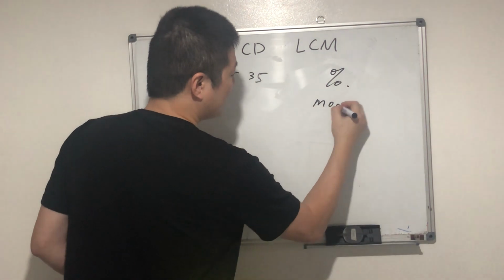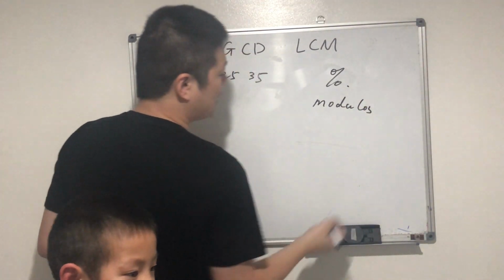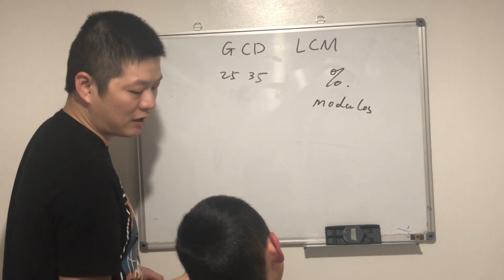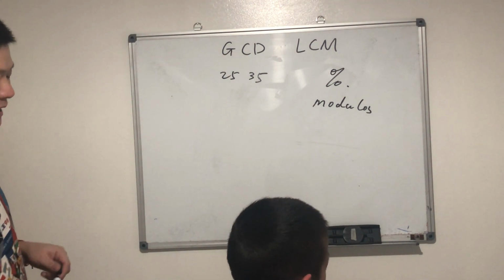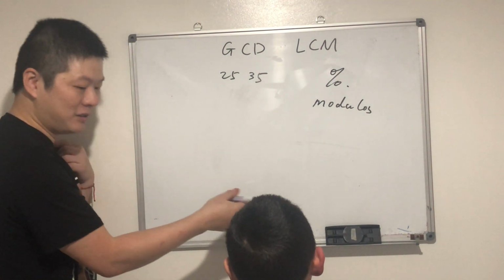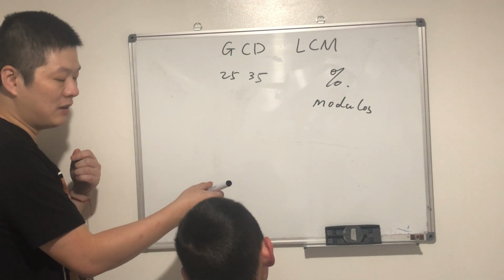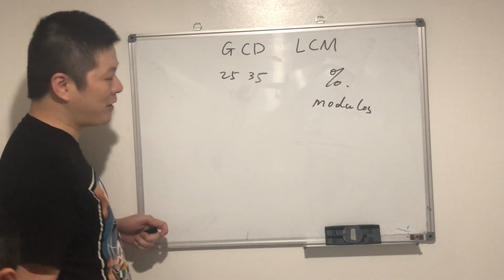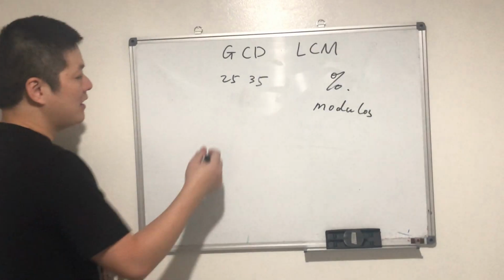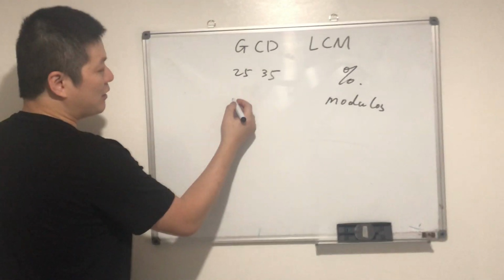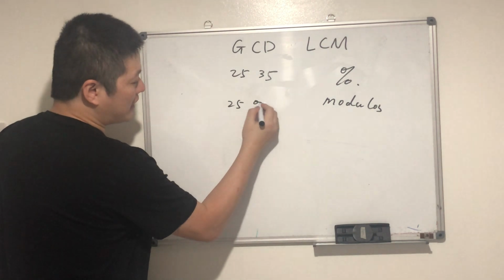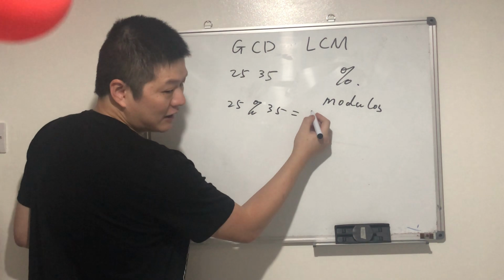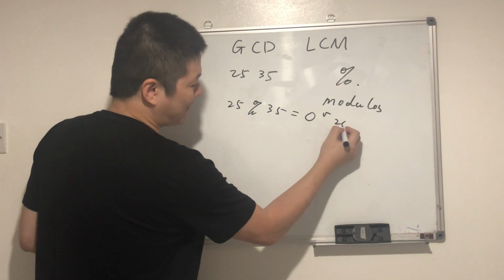Do you know modulus? Take another look. So let's do this. 25 divided by 35 equals what? Equals 0, remainder 25.